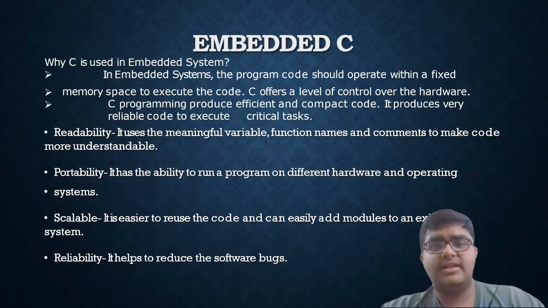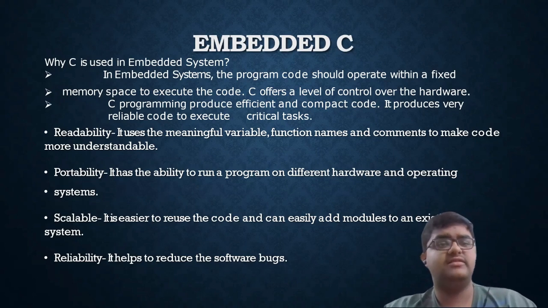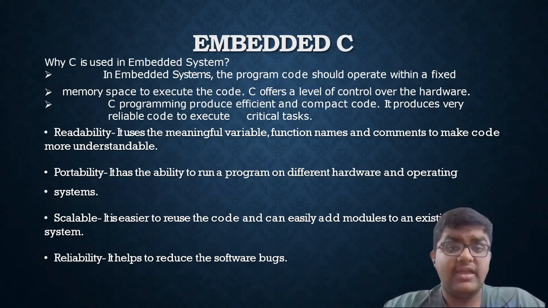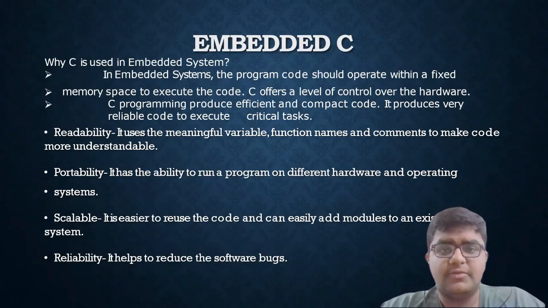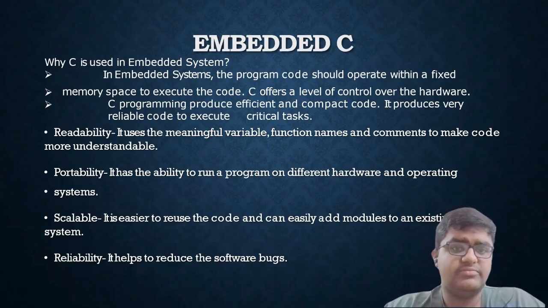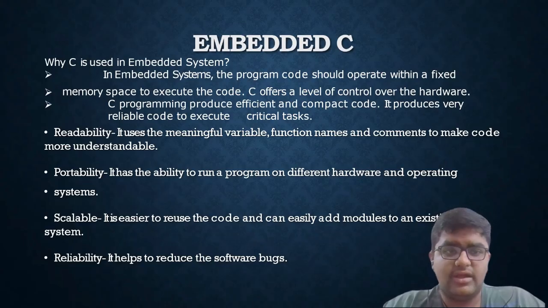Now, I'll tell you what I learned in this Emertxe cohort. First is embedded C. Why is C used in embedded systems? In embedded systems, the program code should operate within a fixed memory space to execute the code. C offers a level of control over the hardware.